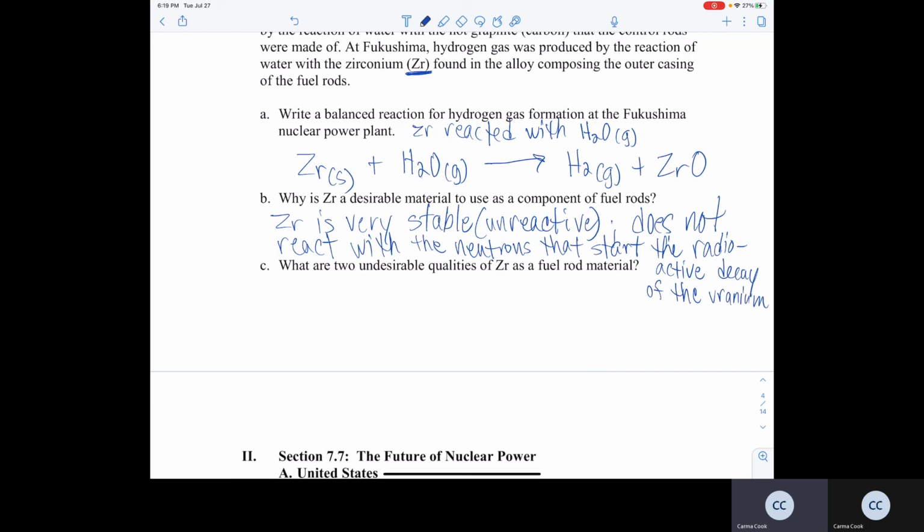Well, what's the bad thing about the zirconium? So even though zirconium does not react with neutrons, it is heat sensitive.